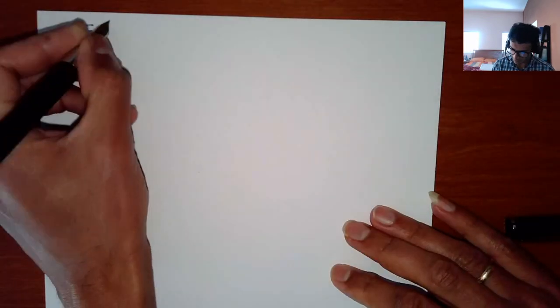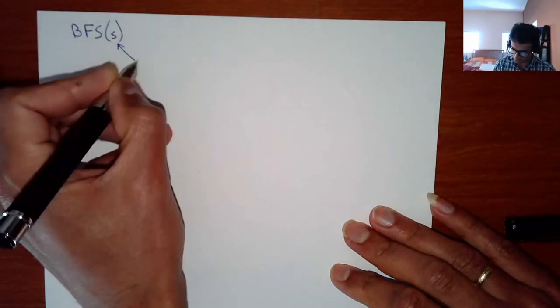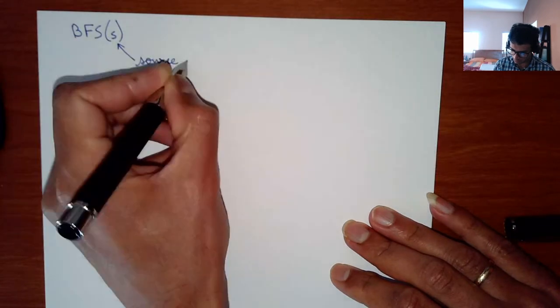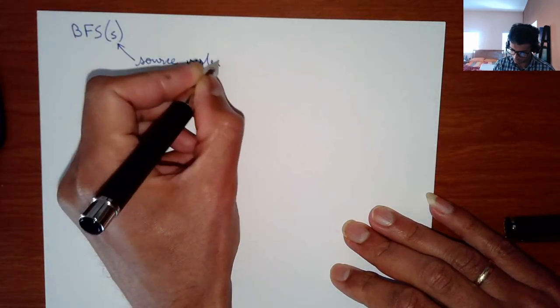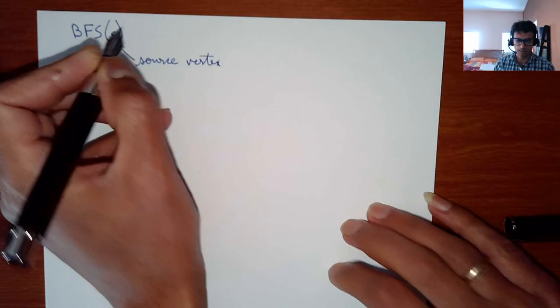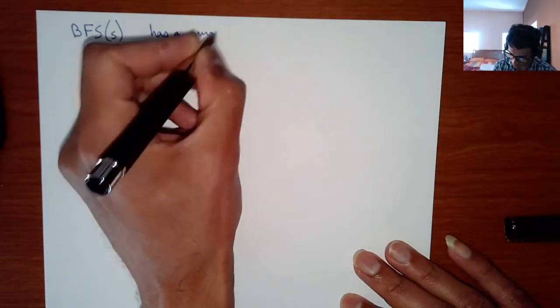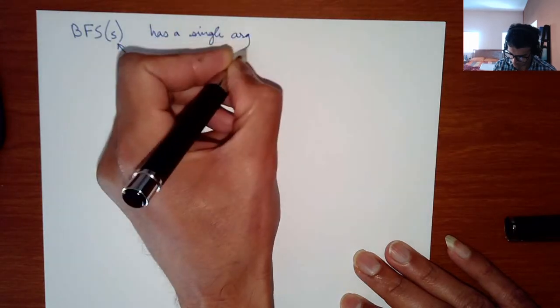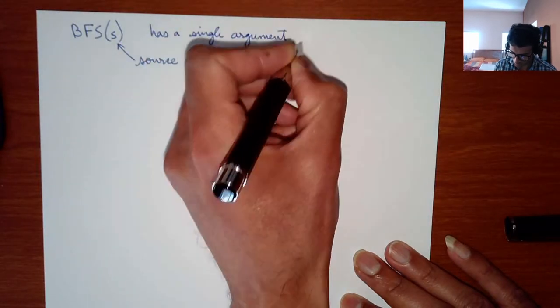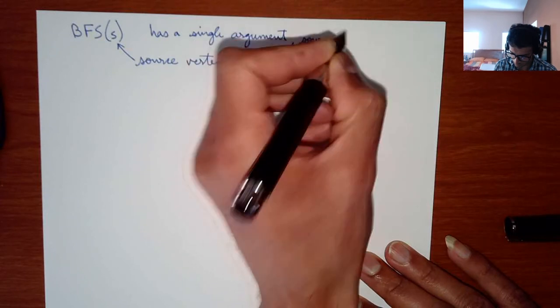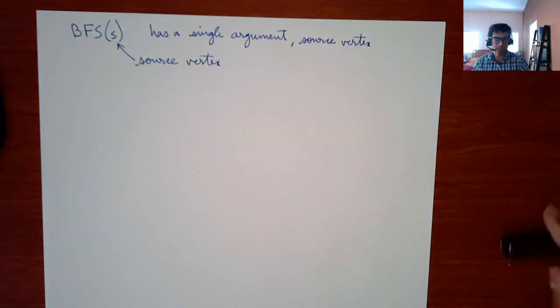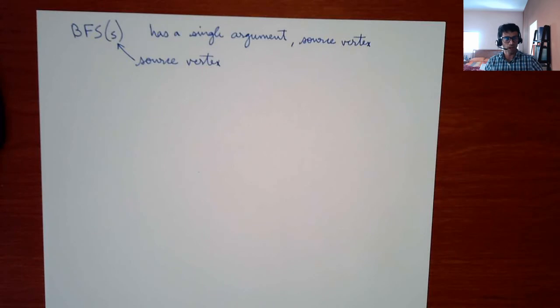Now BFS, in its simplest version, has an argument S, and this is called the source vertex. So the basic version of BFS has a single argument, which is a source vertex. I'm assuming BFS is like a method within a graph object, so I'm not passing the graph itself as an argument.